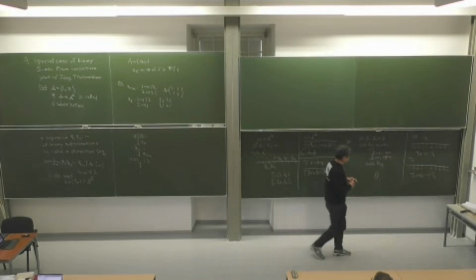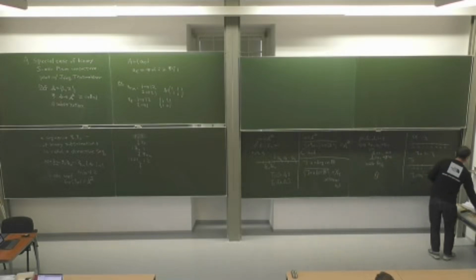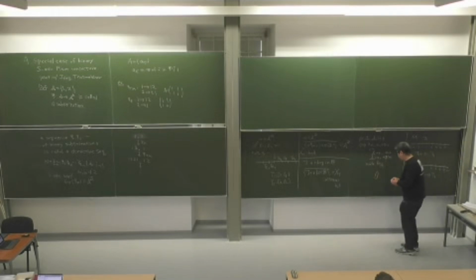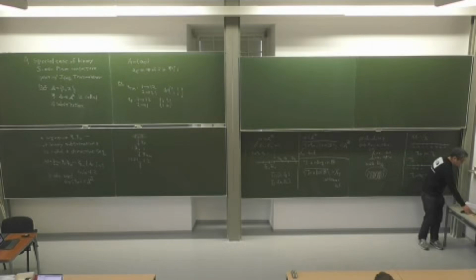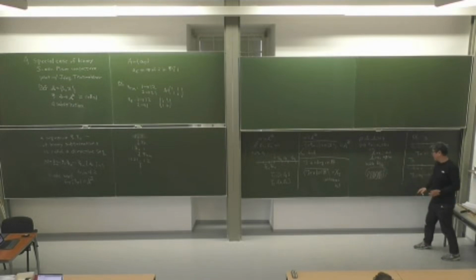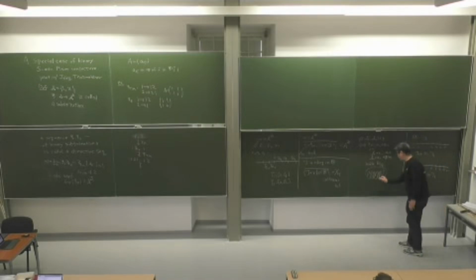This is the orbit of T1, and the orbit of T2 winds closer and closer to the orbit of T1. The red half is the orbit of T2, and this is the orbit of T1.